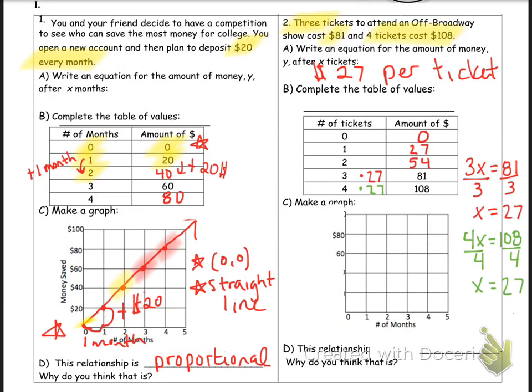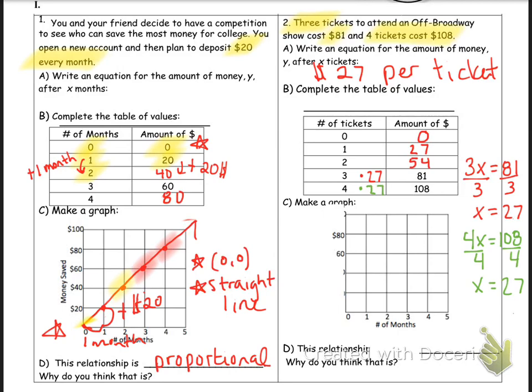So constant proportionalities or proportional relationships have a unit rate to them. You're paying $27 per ticket every single time. That's a unit rate. So I can calculate for 100 tickets, or I can calculate for 5 tickets. But it tells me how much I am going to pay every single time. It doesn't get cheaper just because I buy more.